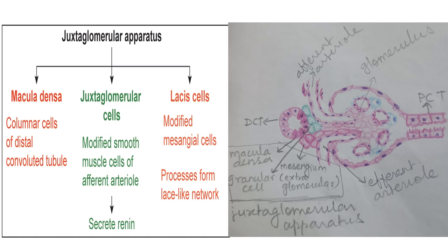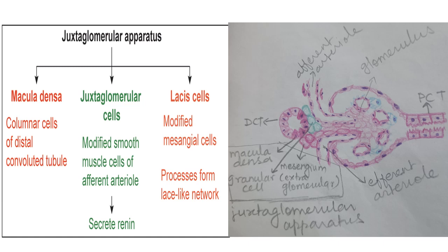Then the third component of the juxtaglomerular apparatus is the Lacis cell. They are also known as extraglomerular mesangial cells. So they lie near the juxtaglomerular cells. These are like a network. These cells are lace-like.